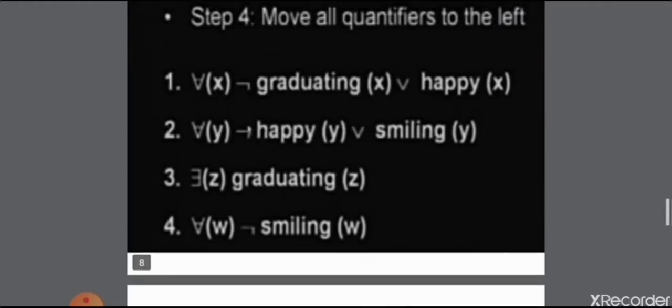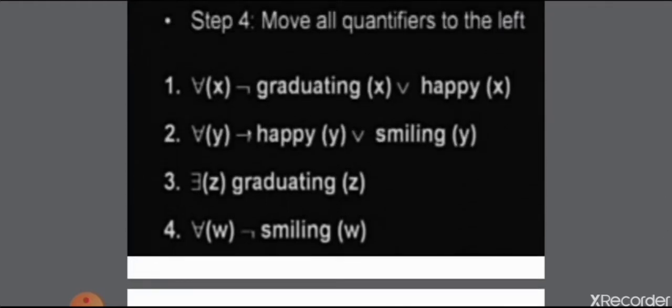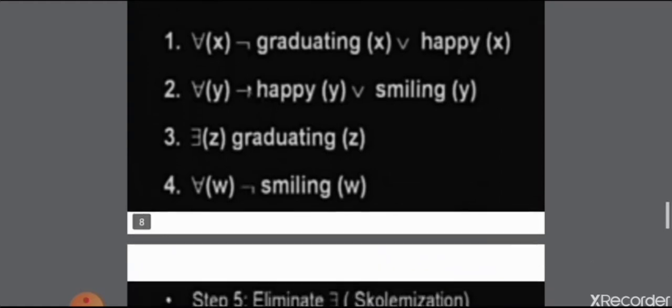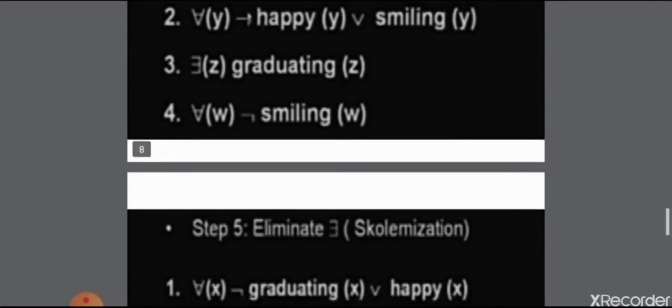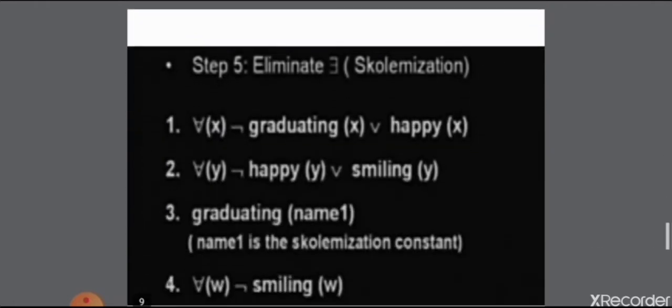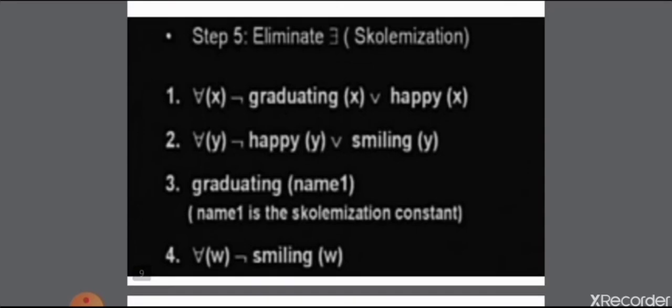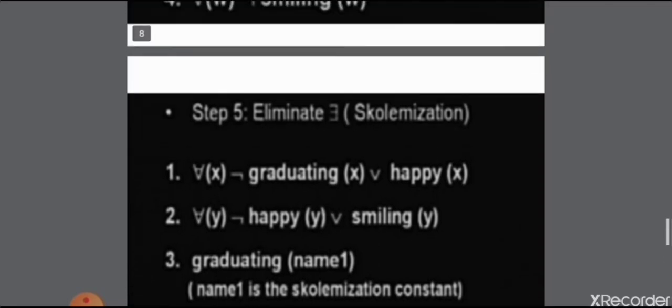In the previous step, we have an existential quantifier in our third statement, that is existential of z such that graduating of z. This existential quantifier can be removed and the statement will be written as graduating in bracket name1. Here name1 is the Skolemization constant. Let's see how it gets done.